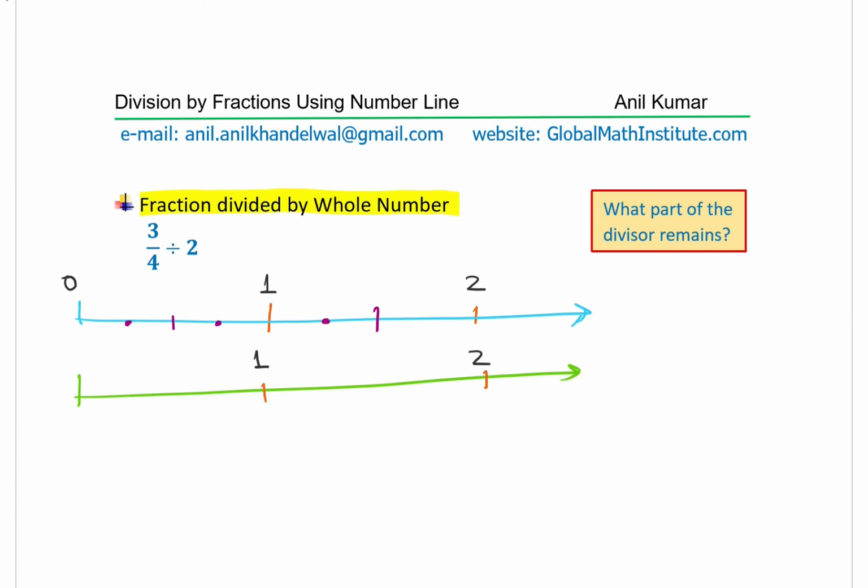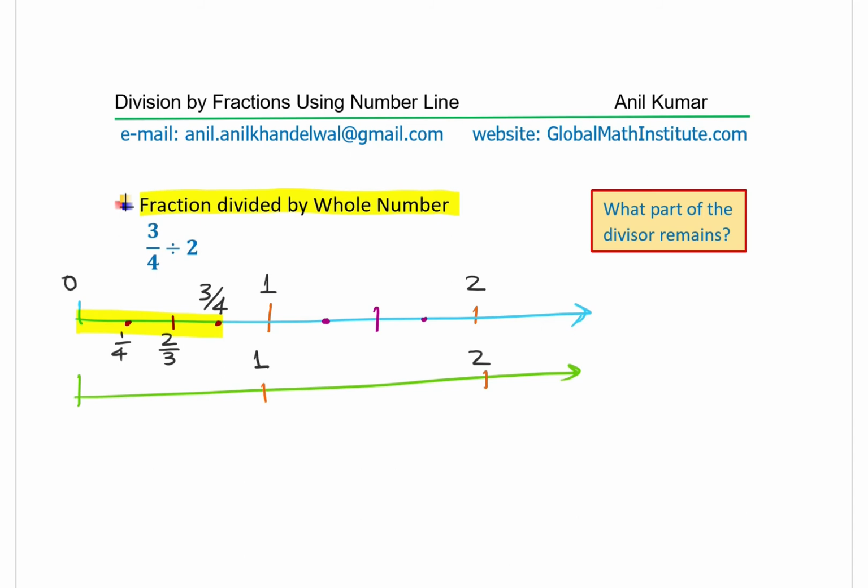Perfect. So we get our number, which is 3/4. So 3/4 can be represented as 3 times 1/4. So that is 3/4 for us. Correct? So this number here is 3/4. Each is 1/4. So that is 1/4. This is 2/4. And that is 3/4 for us.